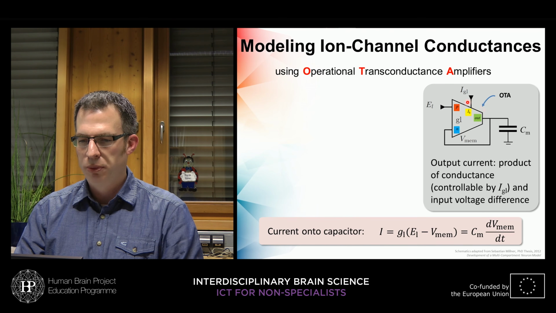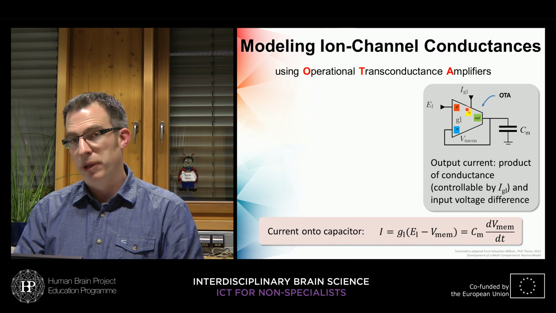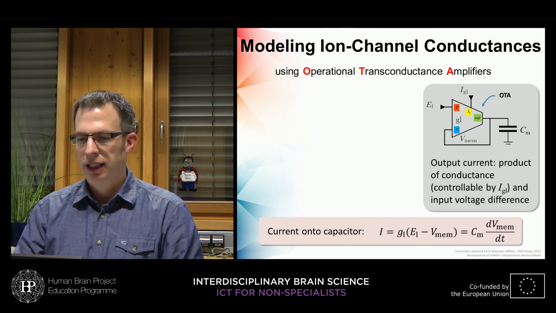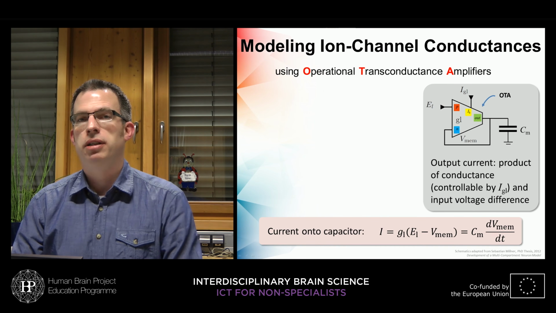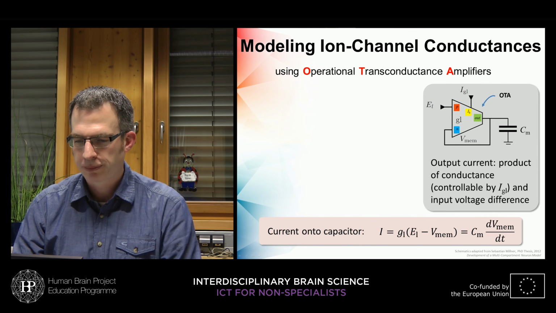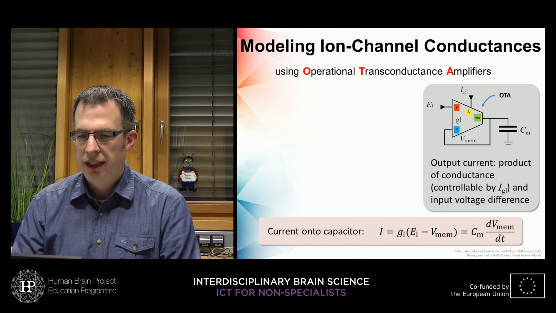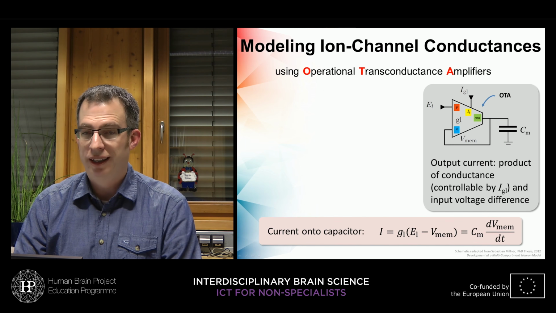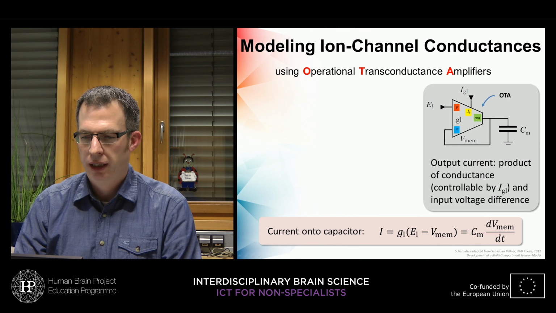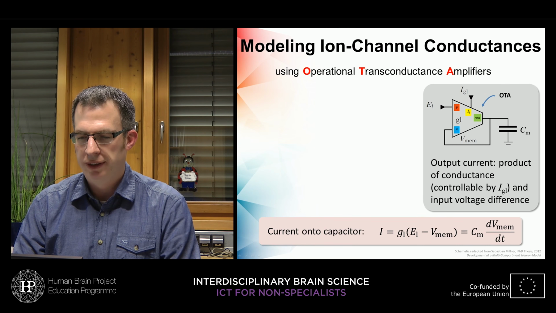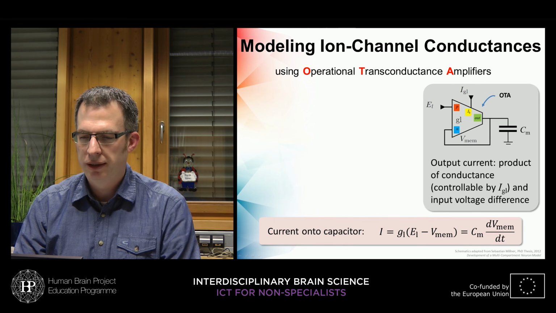So that's the symbol that you can see up here. It's also an amplifier having a non-inverting input and an inverting input. It has an output, the green one, and it has a biasing input controlling its properties. And the property of this operational transconductance amplifier is that the output current is a product of a conductance and the input voltage difference. And that's exactly what we need if we connect this current to a membrane capacitor.